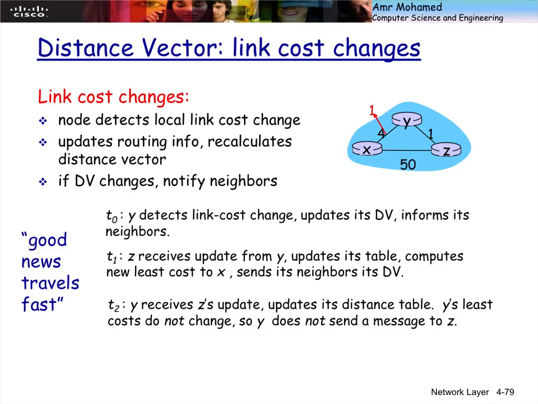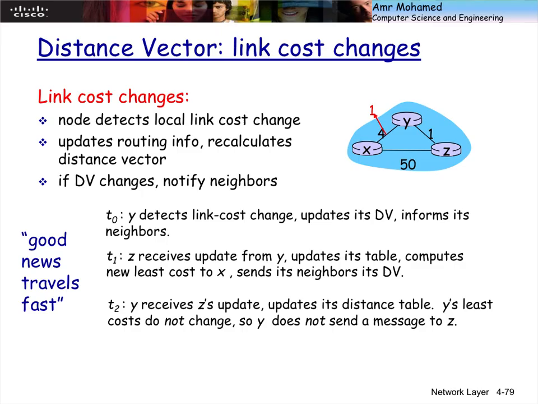So who knows this information? This needs to be very clear. Only the routers that are directly connected to this link. So node Y knows that. Node X knows that. Node Z does not initially know that. It will have to get notified by either node Y or node X. This is very, very important to keep in mind.